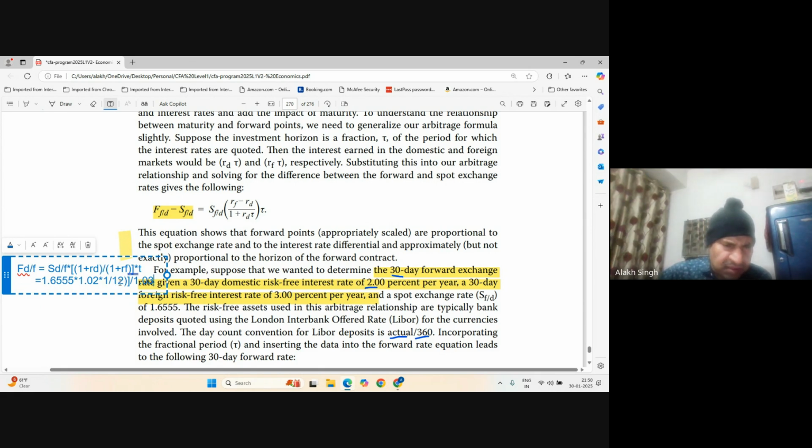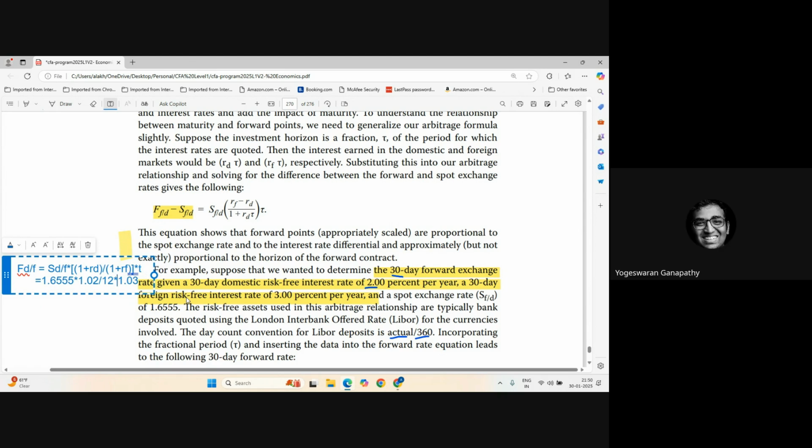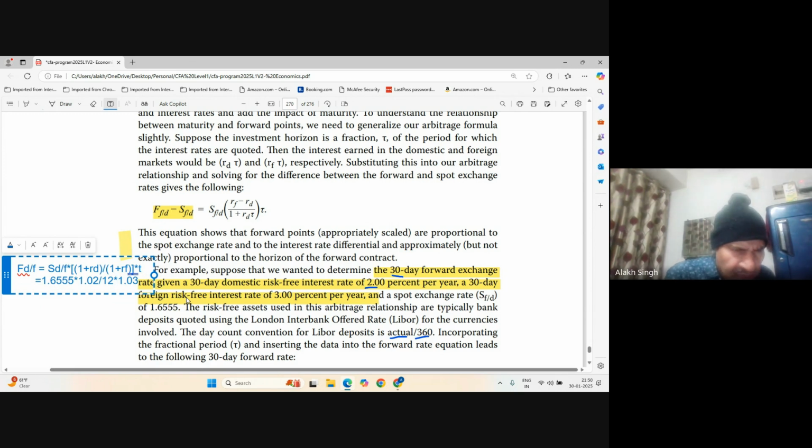So why not do it like this? 1.03 is in the denominator because it is 1 plus RD divided by 1 plus RF.